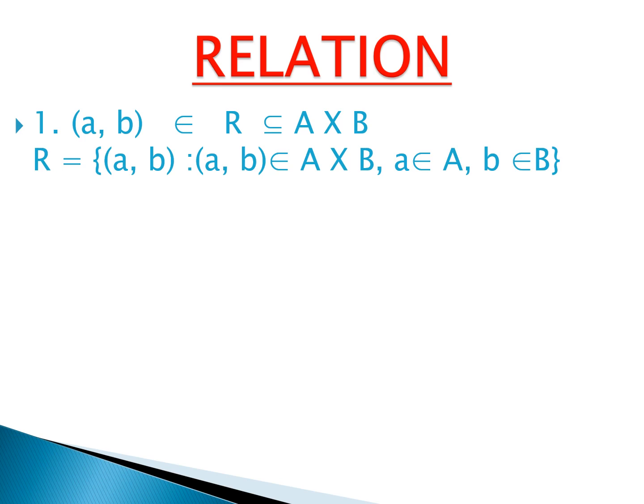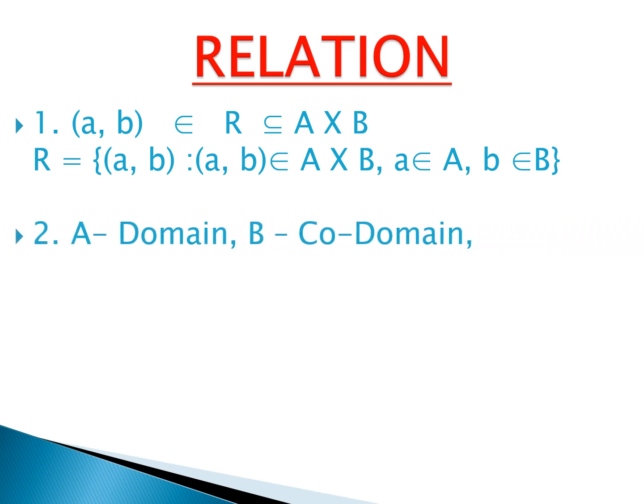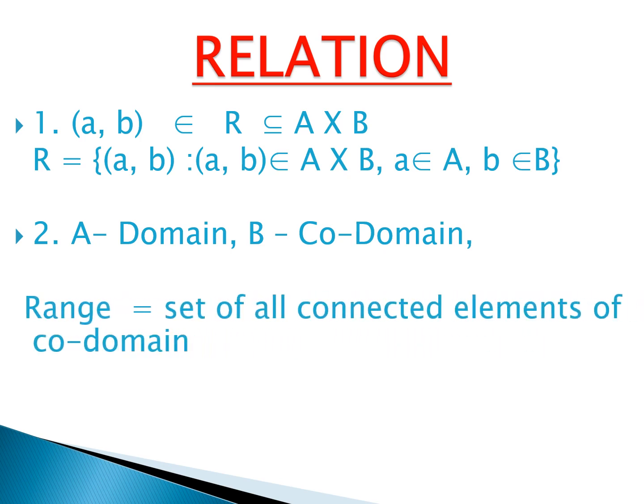R is equal to the ordered pair (a, b) such that (a, b) is an element of A cross B, where a belongs to capital A and b belongs to capital B. Here A is called the domain and B is called the codomain. Range is the set of all connected elements of the codomain.